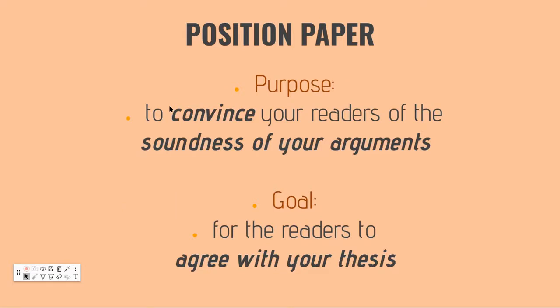The main purpose of this is to basically convince your readers of the soundness of your arguments and have the readers agree with your thesis or what you're trying to advance in your particular paper.